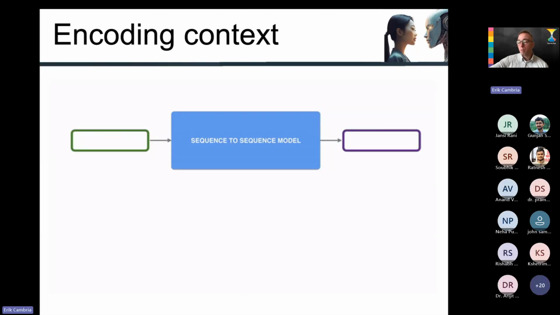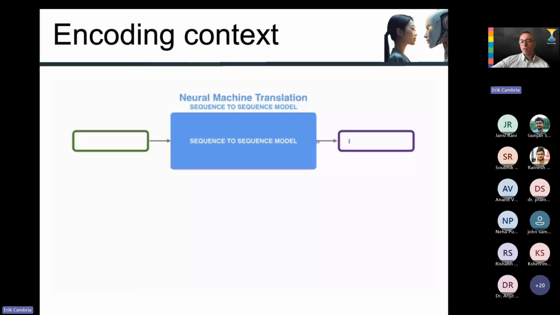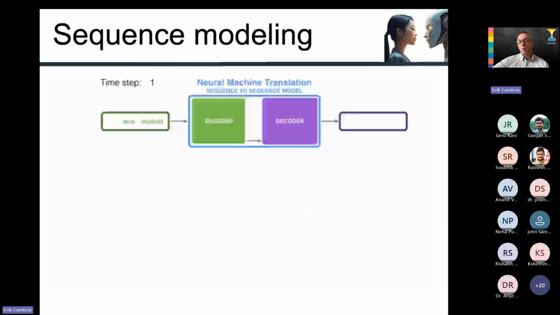But this can also be applied to many other tasks. Machine translation is maybe the best task to explain why and how this works. So once again, I'm inserting into the encoder bit by bit, in this case word by word. And then what I'm doing inside the encoder is modeling the context once again. It's not like I'm just doing a translation word by word; I look at the context as I go through the sentence.